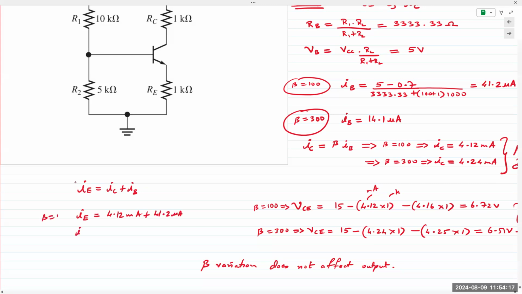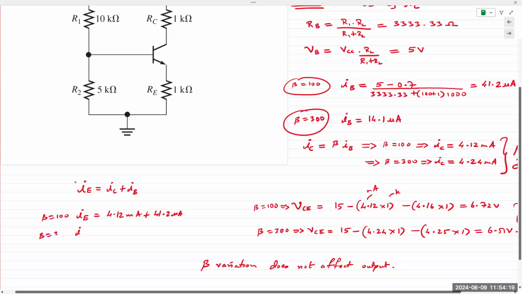And this is for beta is equal to 100. Beta is equal to 300, IE is 4.24 milliamps plus IB is 14.1 microamps. That's where these values come from. This comes out to be 4.16. This comes out to be 4.25. Okay, questions?